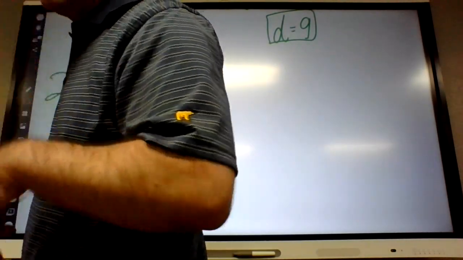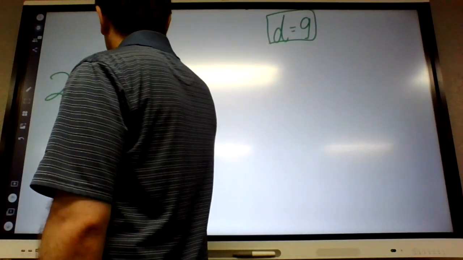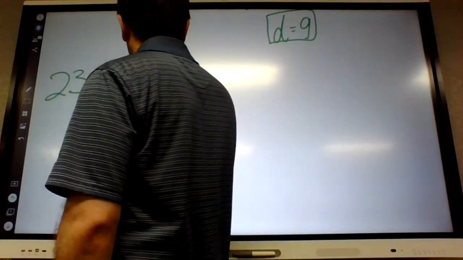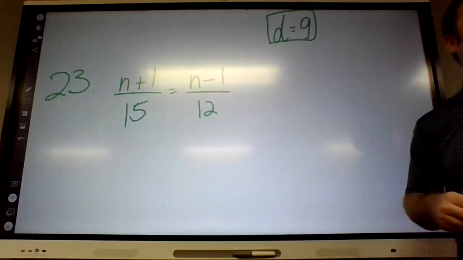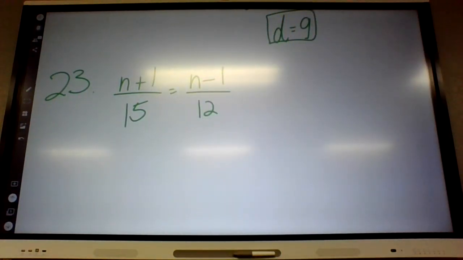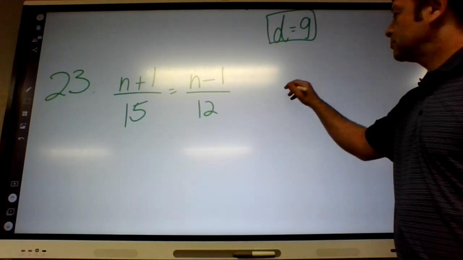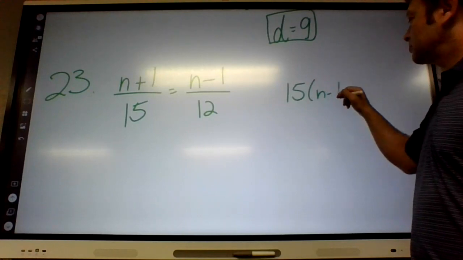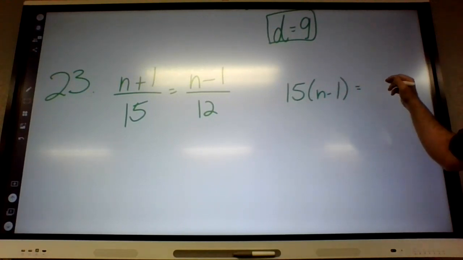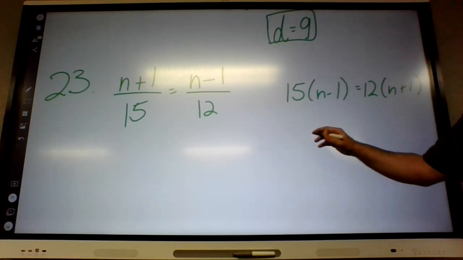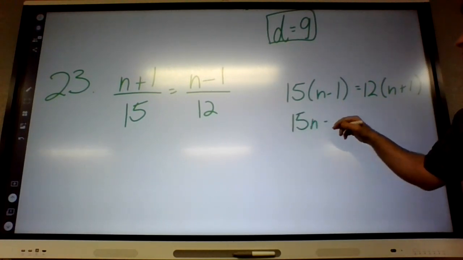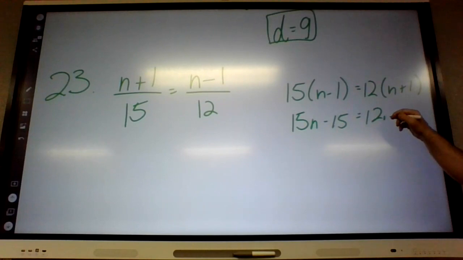All right, Hank, what will this become? You do 15 times n minus 1, and it'd be 12 times n plus 1, which would be 15n minus 15 equals 12n plus 15.